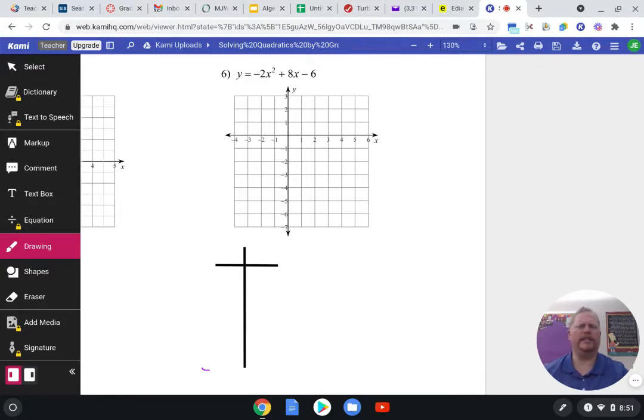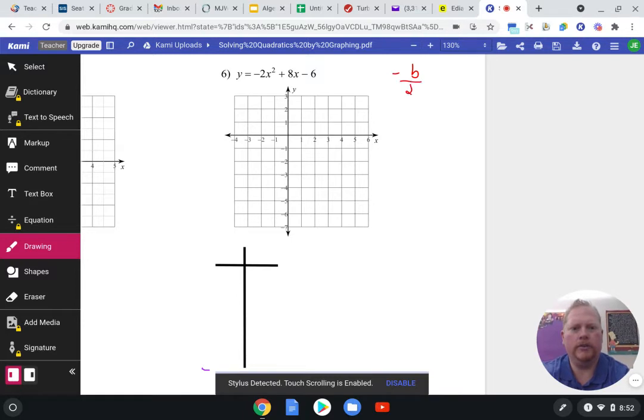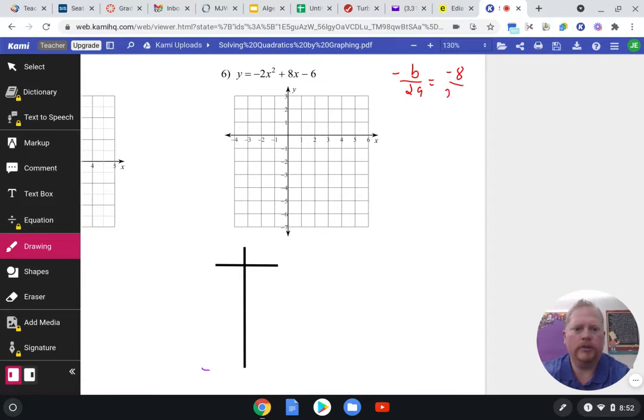All right, so here's an example problem. Y equals negative 2x squared plus 8x minus 6. So to solve this, let's go ahead and first figure out our axis of symmetry. So I'm going to do negative b over 2a. So that is negative 8 over 2 times negative 2.